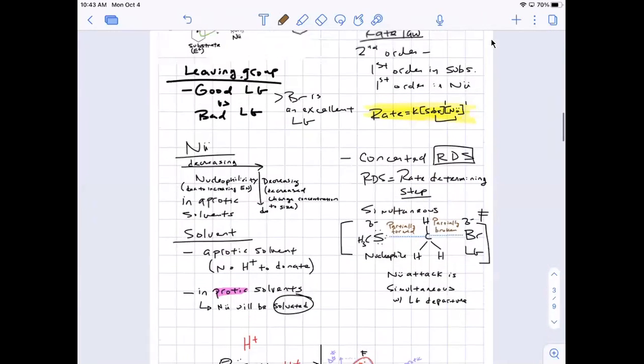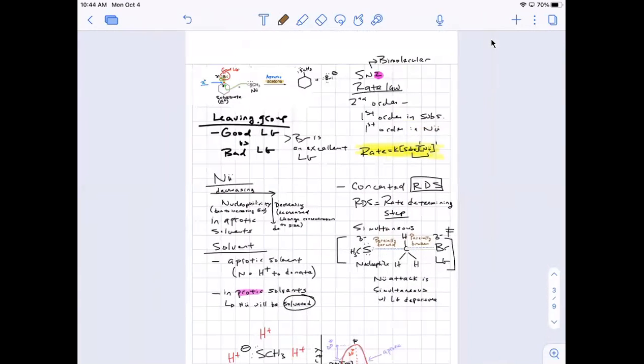Again, there are a lot of different aspects to these substitutions. When we were looking at it before, it was just from an arrow pushing perspective, like how does the nucleophile attack the electrophile? But now we can see a little bit more mechanistic information for these reactions.